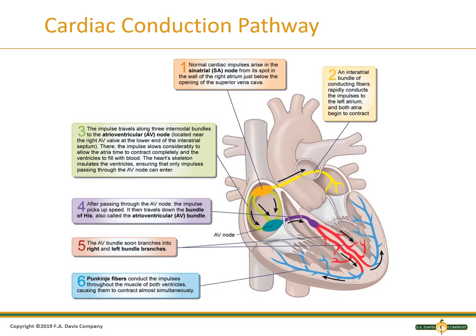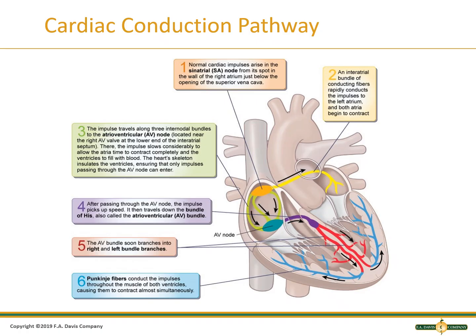It travels to the AV node, which sits between the atria and the ventricles. It's the bouncer, deciding where the signals go forward, to the bundle of His, from the bundle of His to the right and left bundle branches, down to the Purkinje fibers where ventricular contraction occurs.